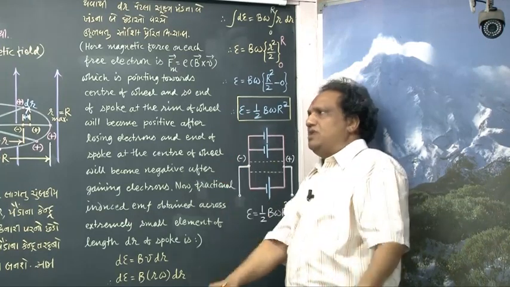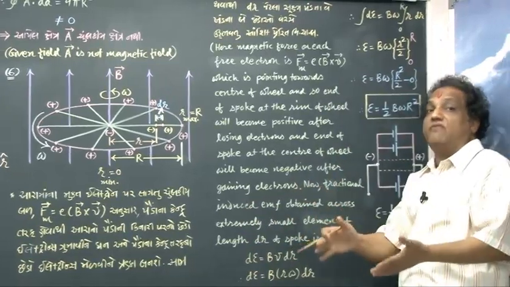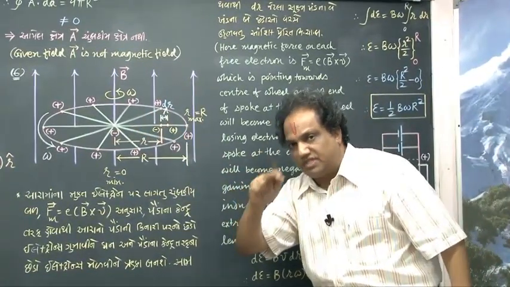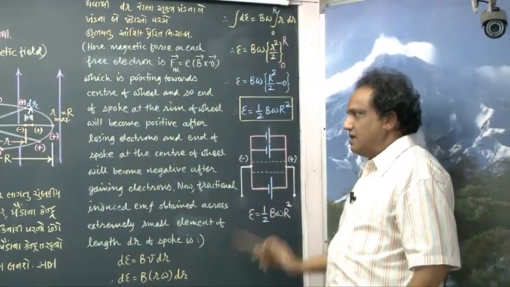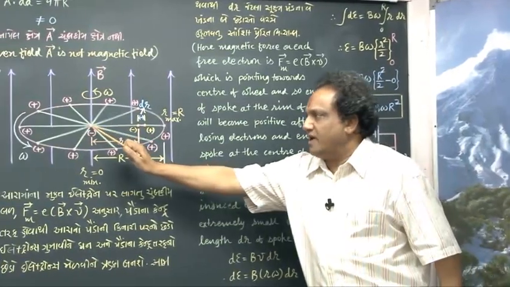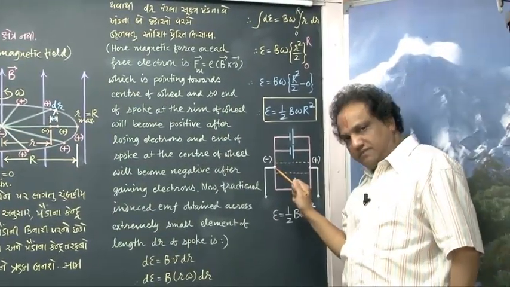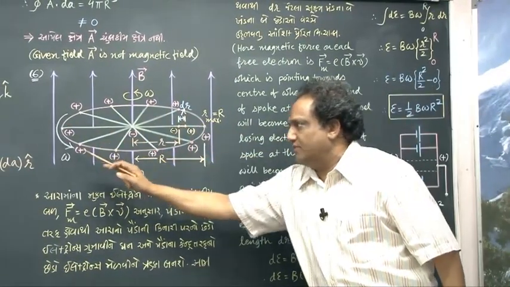Then instead of spokes, we represent them by equivalent batteries. As many spokes, that many batteries I should show in this figure. The negative terminals of all these batteries are connected at the center, and all the positive terminals are connected at the rim of the wheel.